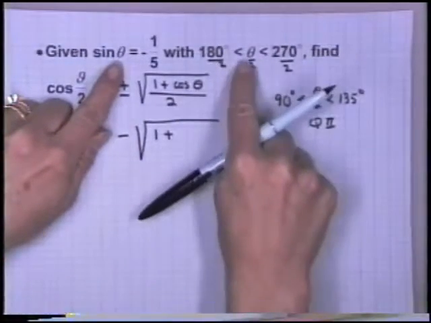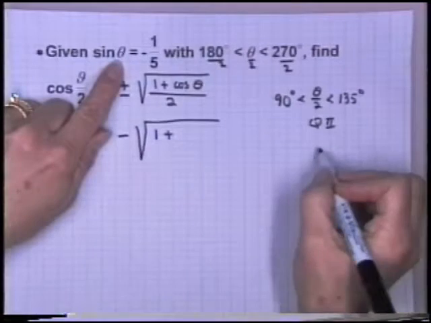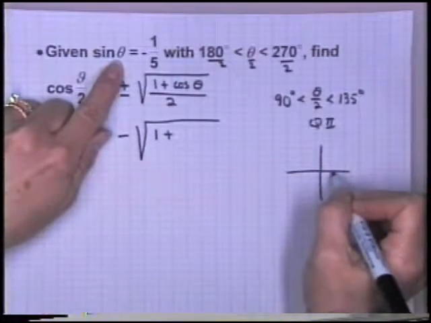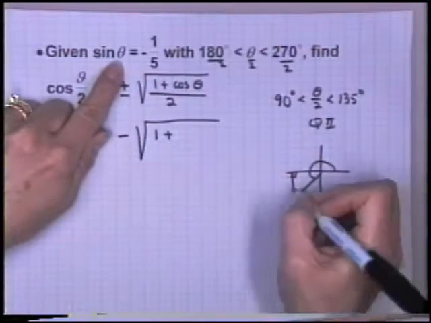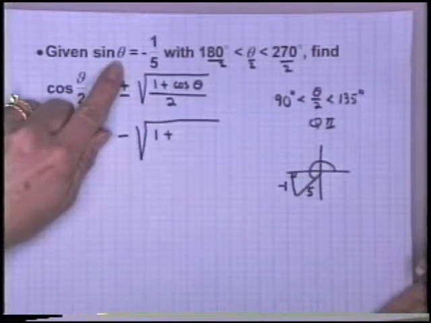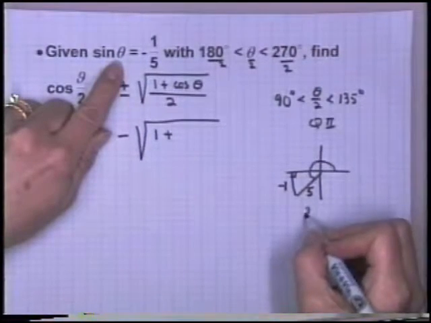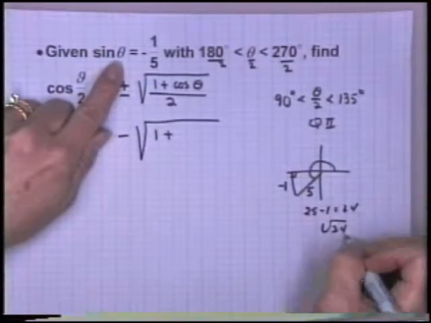Now here I've got 1 plus. Okay, let's figure out this cosine of theta. Well, let's go back. Where was theta? Theta was between 180 and 270. So that puts that in quadrant 3, doesn't it? And if the sine is negative 1/5, then y is negative 1 and r is 5. So let's see, 25 minus 1 is 24.